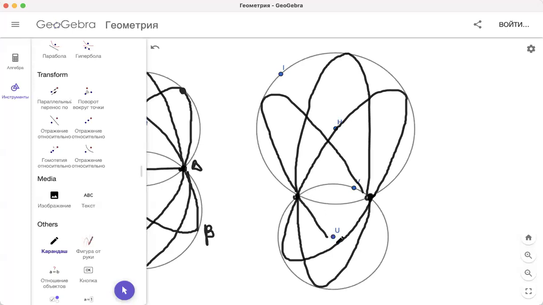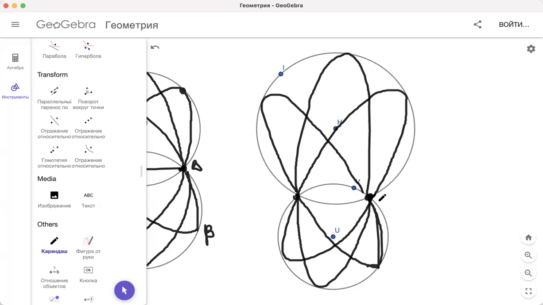Maybe it will be great to make some animation in future. Also, there are some other geometrical statements about this configuration.